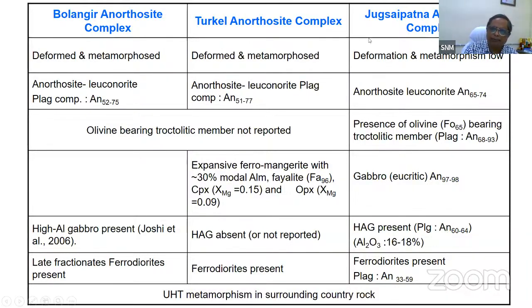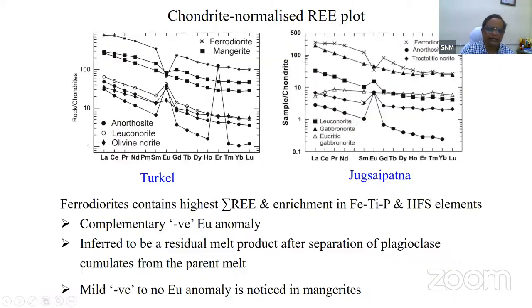So in Juksai Patna, we have reported the presence of high alumina gabbros. And in both Turkel as well as Juksai Patna, we have reported the presence of ferrodiorites. They represent the residual liquids. All the complexes are deformed and more or less similar in composition.